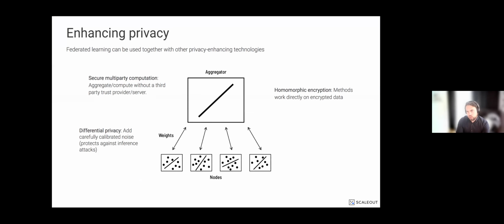And why I bring this up as well is because, if you read the literature, many of these techniques are used together with federated learning, at least in the research frameworks, in the sense that, for example, people are adding differential privacy to the weights that are sent to the aggregator to protect them further, or using homomorphic encryption for doing the aggregation in a secure way, or secure multi-party computation for the same purpose.